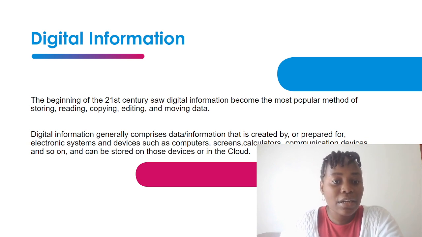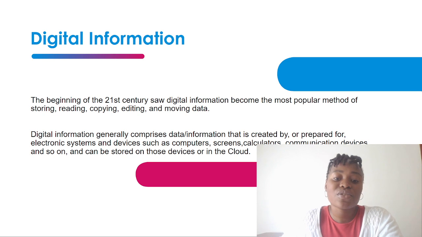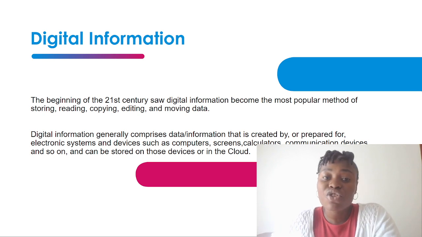Like I said, the beginning of the 21st century has seen digital information become the most popular method of storing, reading, copying, editing, and moving data from wherever you are to different parts of this world. Digital information generally comprises data or information that is created by or prepared for electronic systems and devices such as computers, screens, calculators, communication devices, and so on.